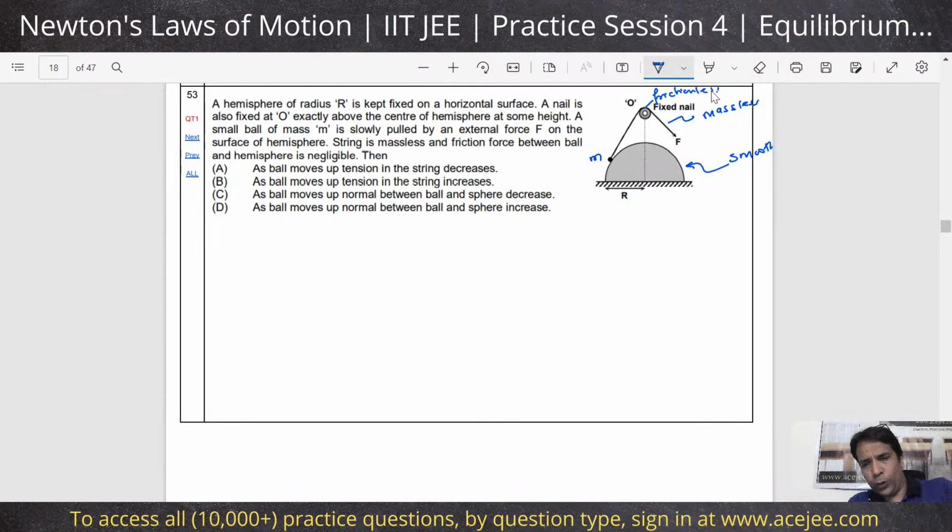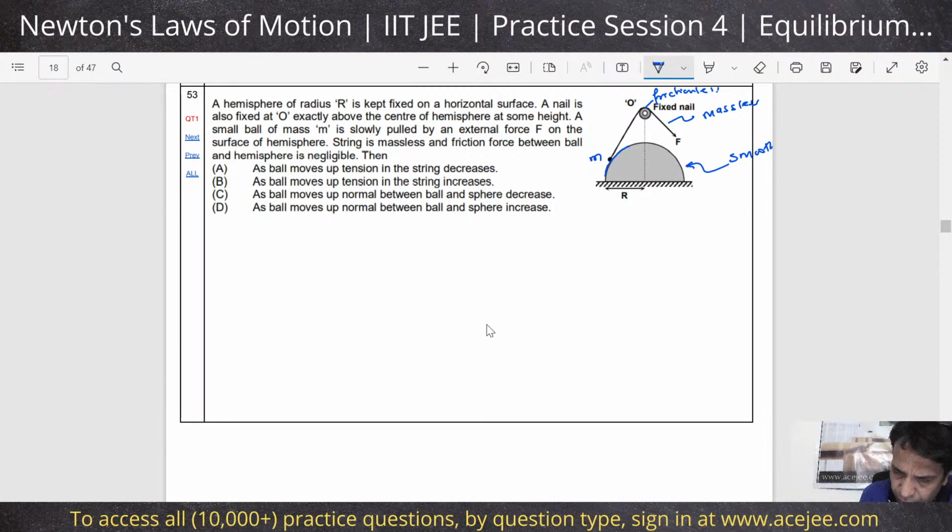And the question says, as the mass moves along the smooth hemispherical surface, which of these options are correct? Whether the tension will increase or decrease, or whether the normal between the ball and the sphere will increase or decrease. Okay, so let's quickly draw the free body diagram.